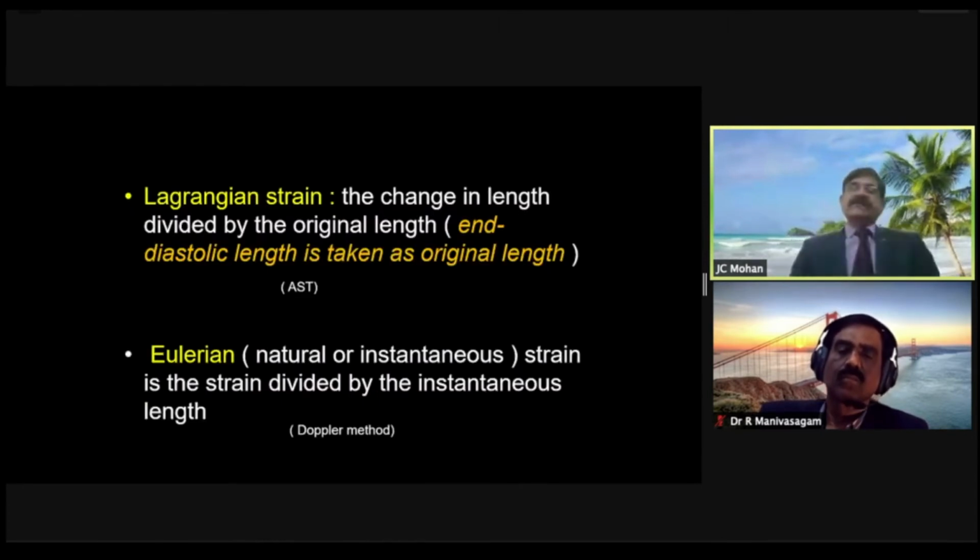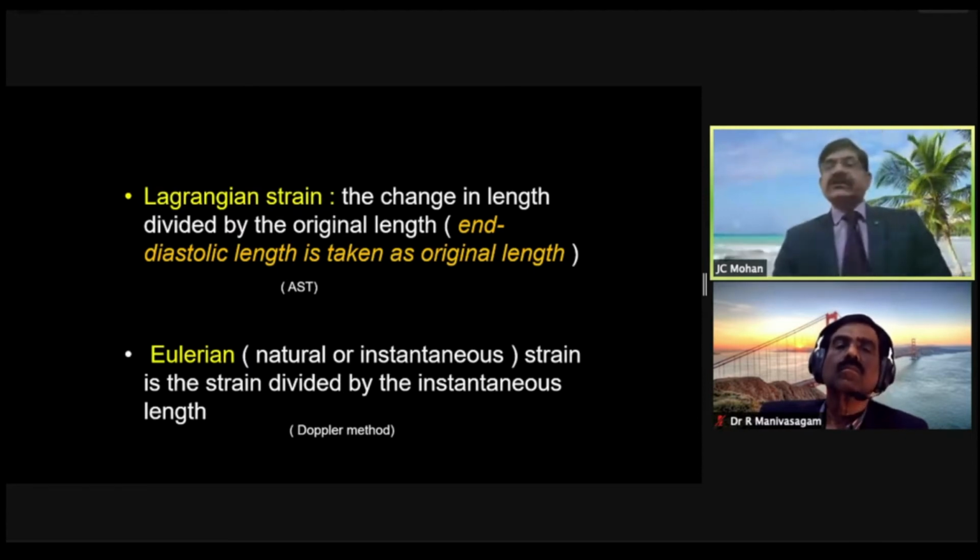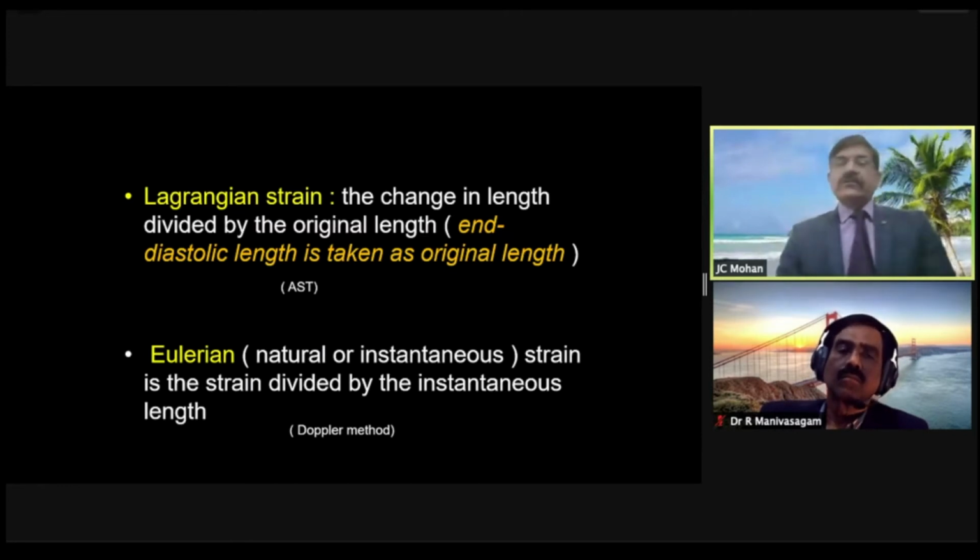There is another thing which people in physics use, and I think we should introduce that subject, and that is that there are two types of normal strains, Lagrangian strain and Eulerian strain. A Lagrangian strain is change in length divided by original length, and original length we normally colloquially take as end diastolic length.